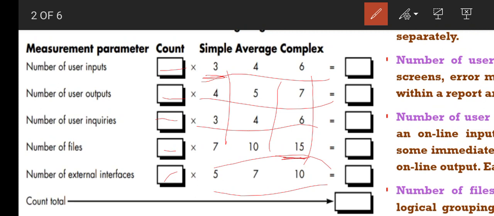We'll be computing the count value with any one of these weighting factors and placing it in this box. Likewise, we'll consider all these values and sum them in order to place here. Like this, we'll have the measurements related to the function points.